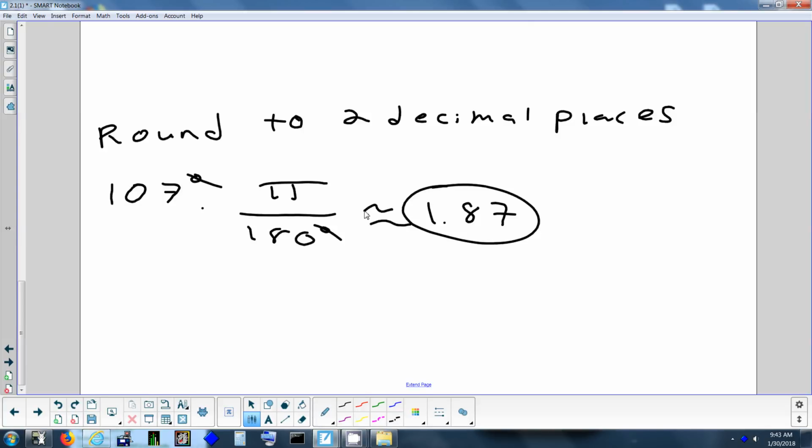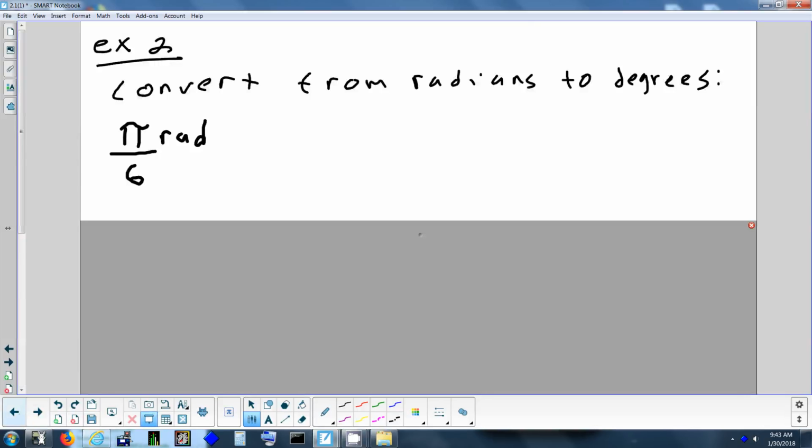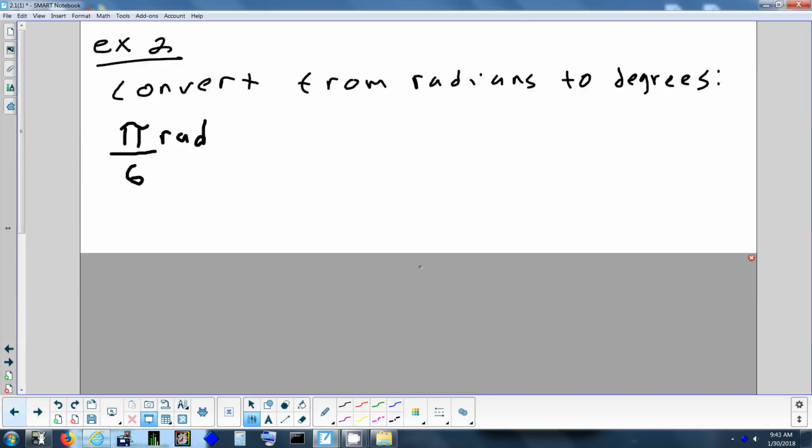All right, so last thing is converting the other way. Basically, same idea. Just we're going to flip our fraction. In the first one, I'm going to write radians. After this, though, I'm going to stop writing. Okay, so we have pi over 6. So Ben, I've got radians in the top. Where would radians have to go in this fraction to cancel out?